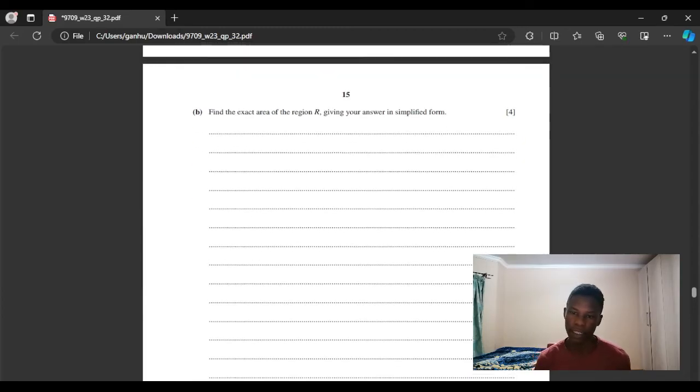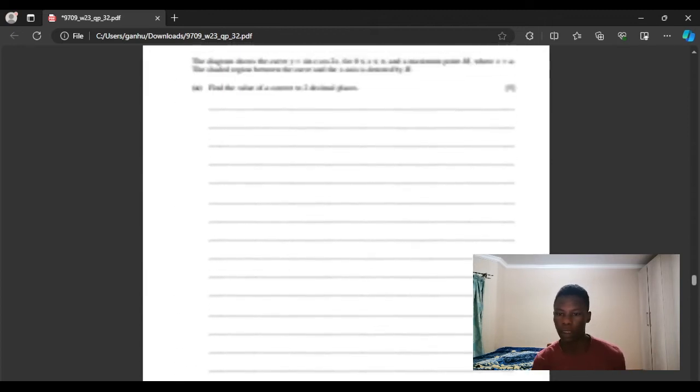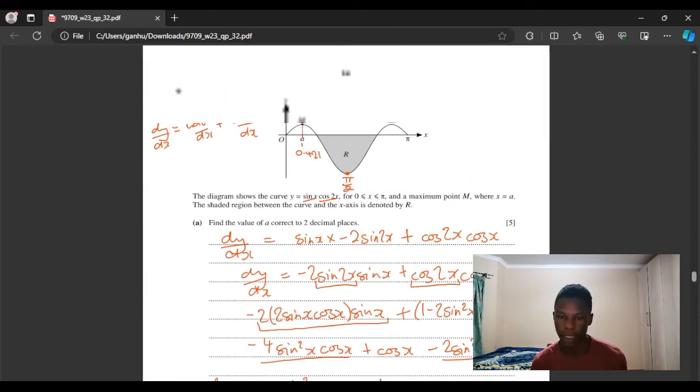Find the exact area of the shaded region R, giving your answer in simplified form. Okay, so R is that shaded region, and to find the area under a curve we use integration, so we're integrating y equals sin x cos 2x, but we need to find the limits, which are these two points over here.